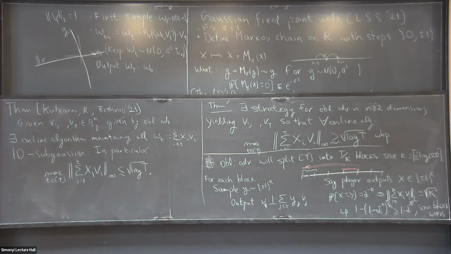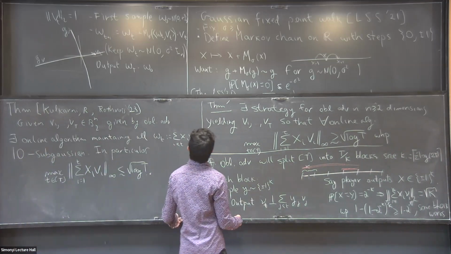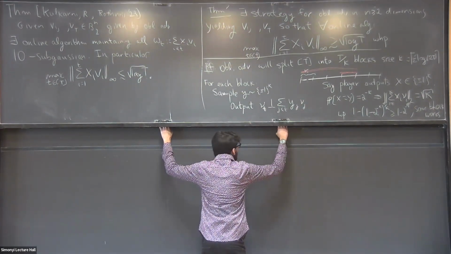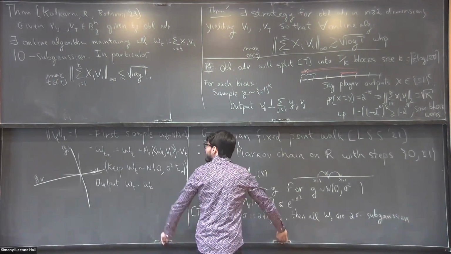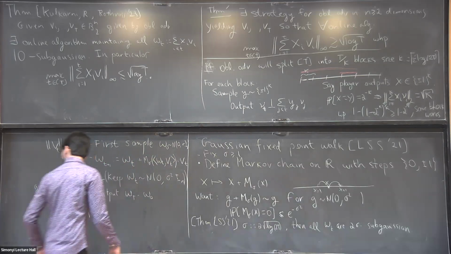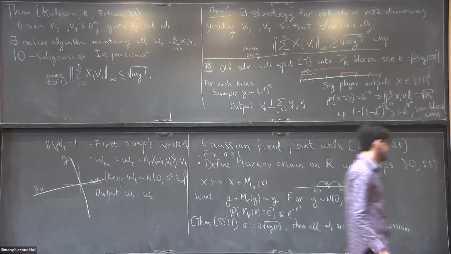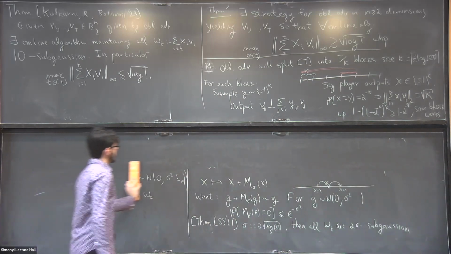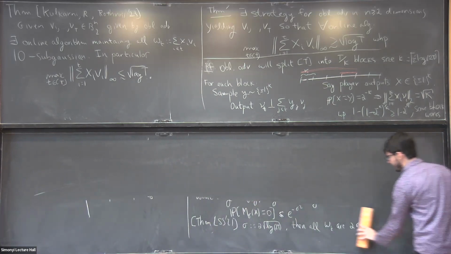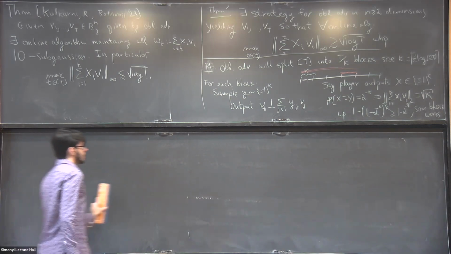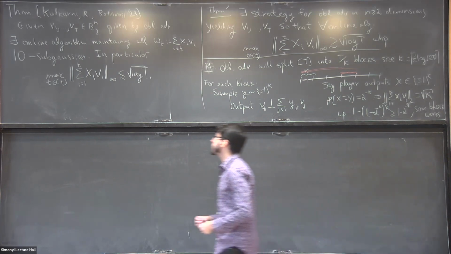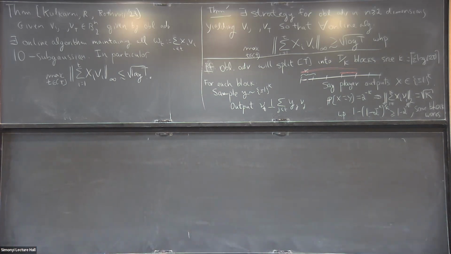So now I want to try to explain this result. First I'll need to define something called an epsilon net.